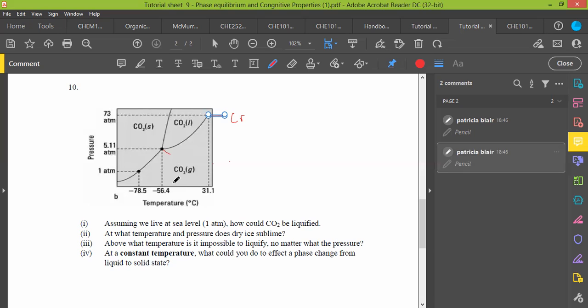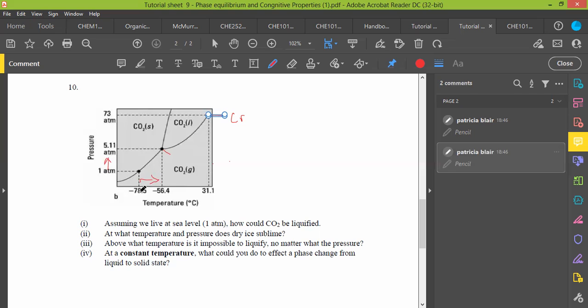Turning carbon dioxide into a liquid will entail that you increase the temperature as well as the pressure. Once you start going up, you are increasing pressure. Once you start going this side, you are increasing temperature.